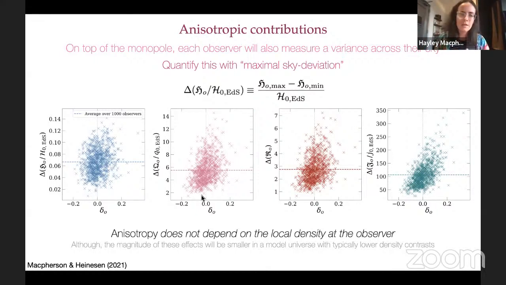That's because these anisotropic variations come more from derivatives of the local dynamical environment. However, the actual magnitude of these effects will be smaller in a model universe with typically lower density contrasts. So while within a particular model universe your anisotropic effects don't care about the local density of the observer, if you take that whole universe and reduce the density contrast, these effects will be squished along the y-axis.